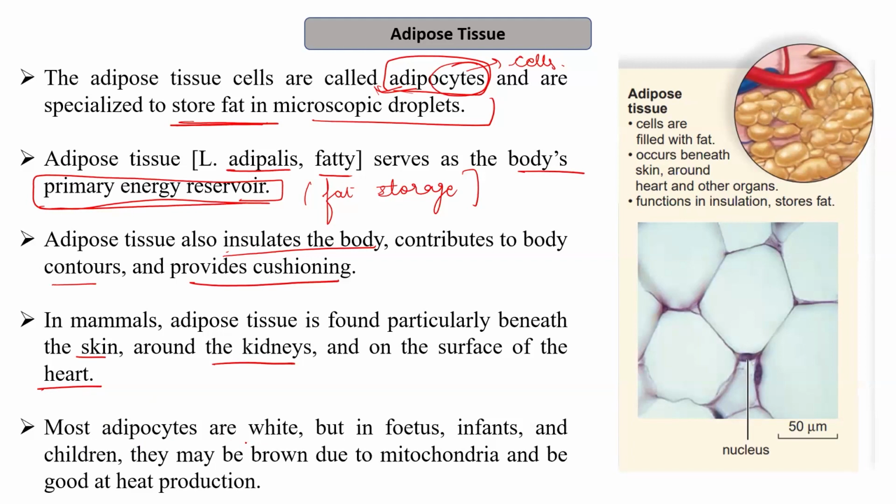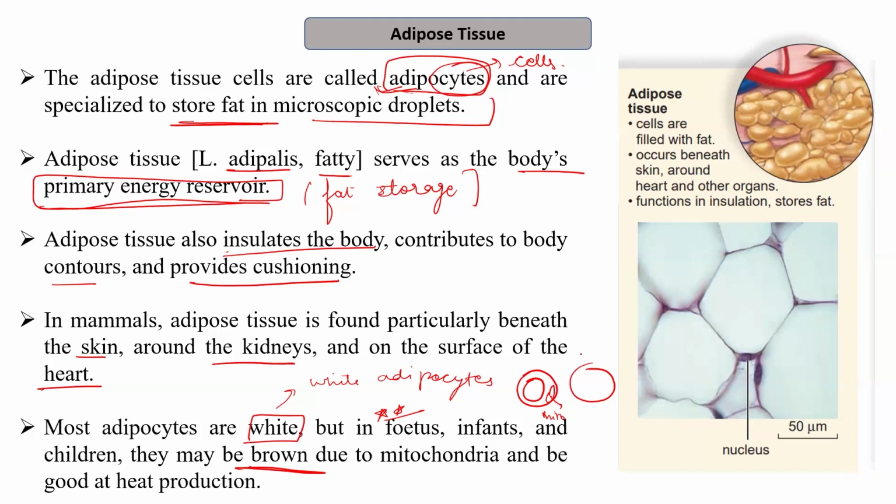Most adipocytes are white, so they are usually white adipocytes. But it is very important to remember that in fetus, in infants, or in children, they may be brown due to the mitochondria and may be good at heat production. So, if I have to compare a white adipocyte and a brown adipocyte, the white adipocyte will mainly consist of fat granules and very few mitochondria.